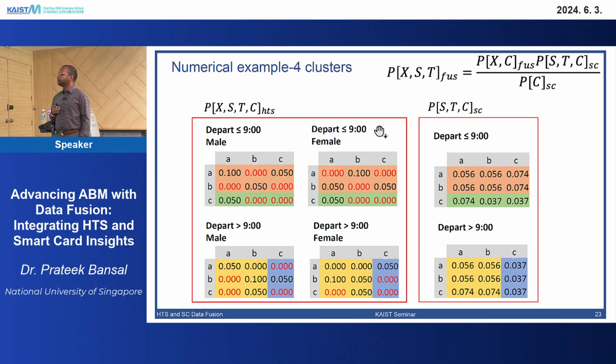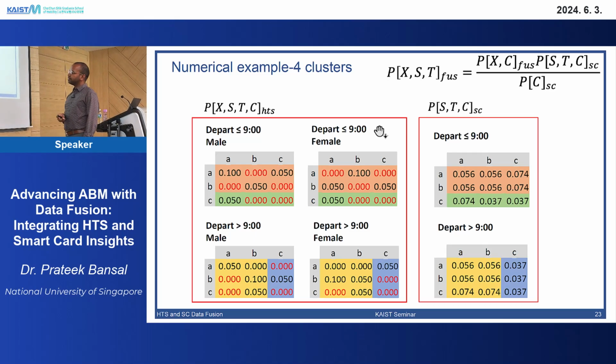Okay, so first step, you remember our data fusion equation. If you remove the Y from the equation, what you have is P(X, S, T | HTS), P(S, T | SC) and P(C | SC), right?